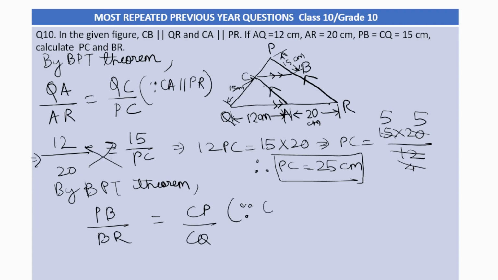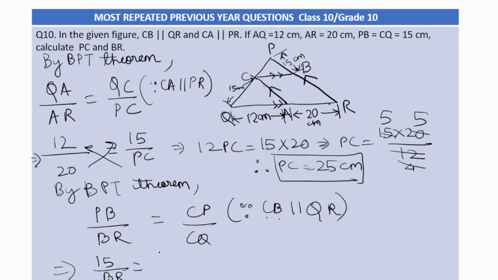Since line CB is parallel to QR, that is why we are able to use BPT theorem, and this line CB is intersecting at two distinct points C and B for the two sides of the triangle. So here I can put the PB value. What is the PB value? 15. BR value is what we need to find out, so I'll write BR as it is.